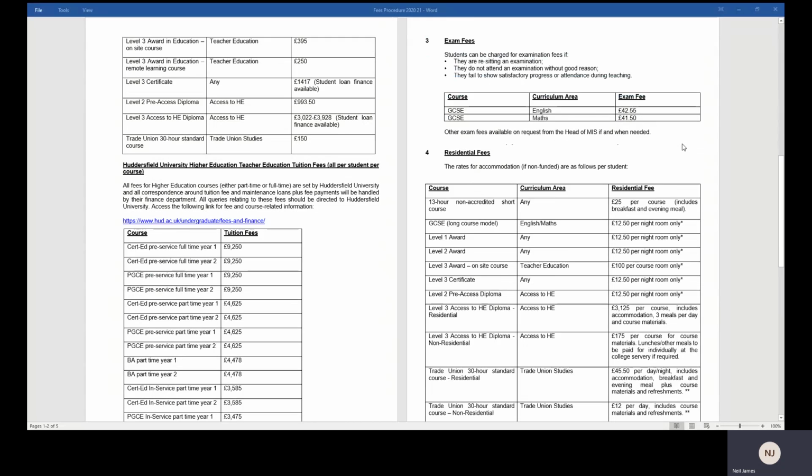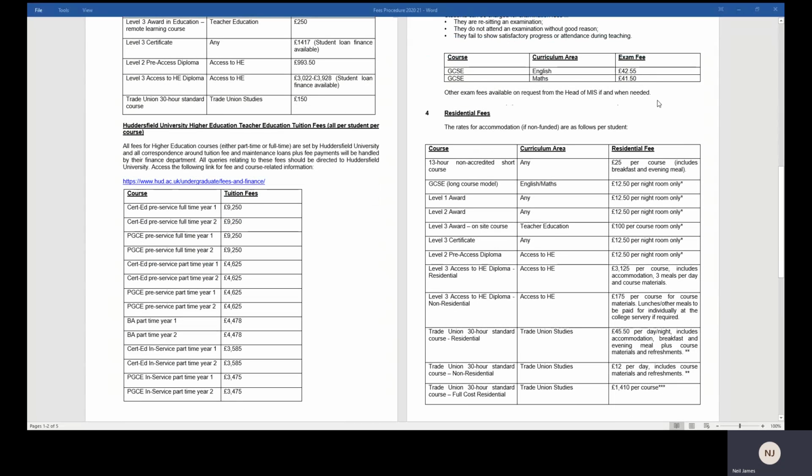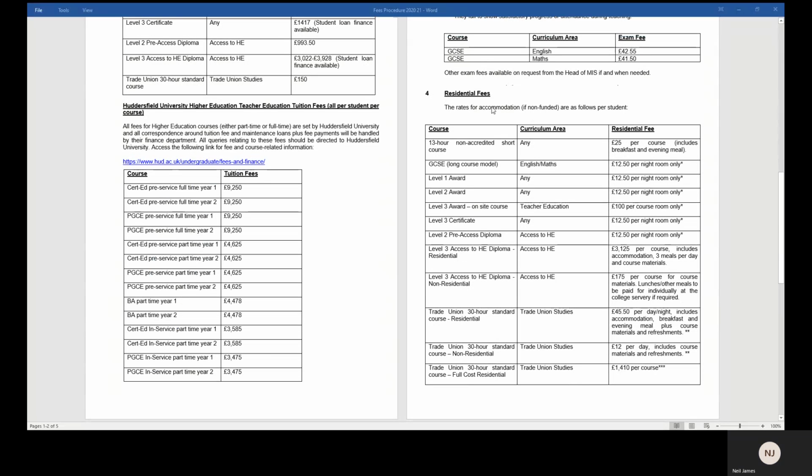Section 4 of this procedure is around all the residential rates for students. So accommodation, if the student is non-funded as per this list, basically. I'll draw your attention again to the top section, and the 13-hour non-accredited short course.